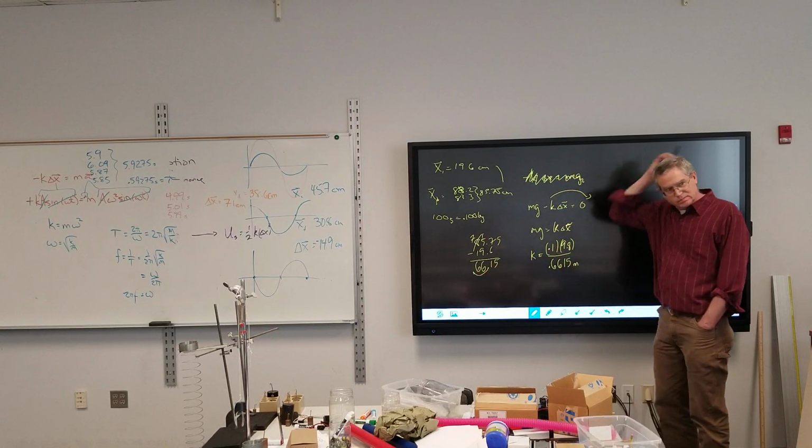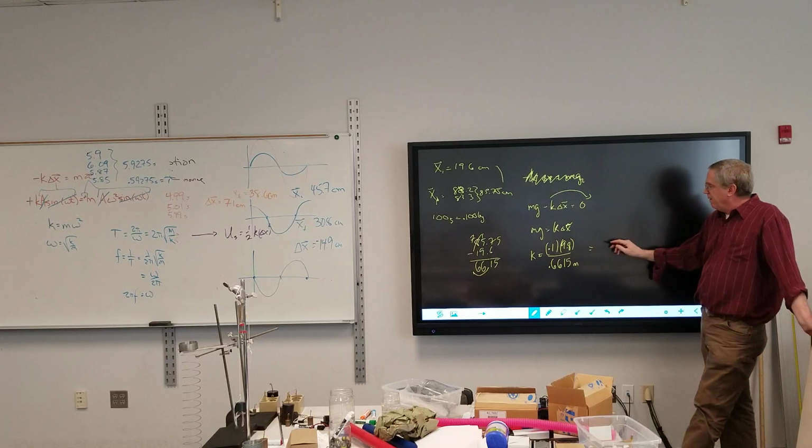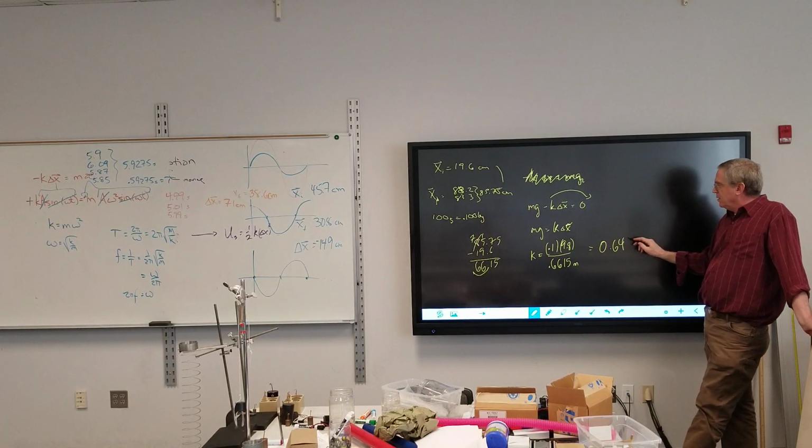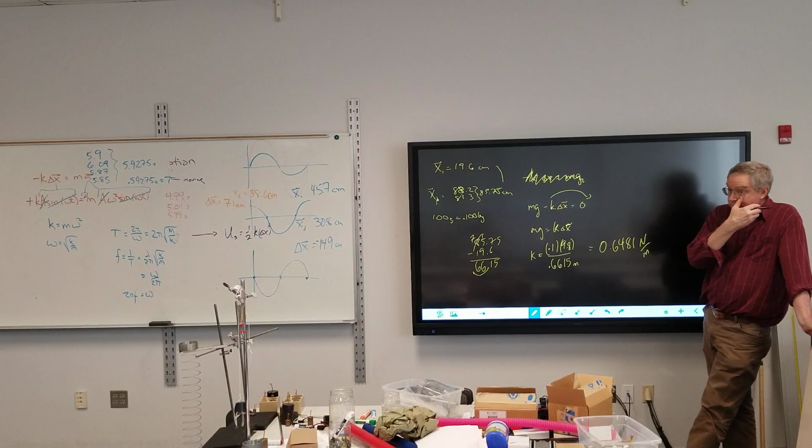Okay. So what is the spring constant? 0.6481 newtons per meter. All right, 6481? Mm-hmm. Okay.